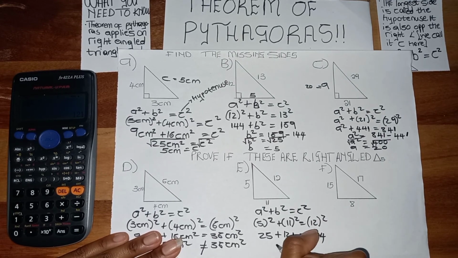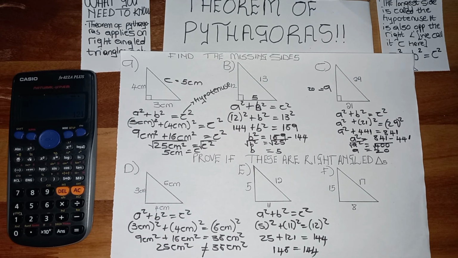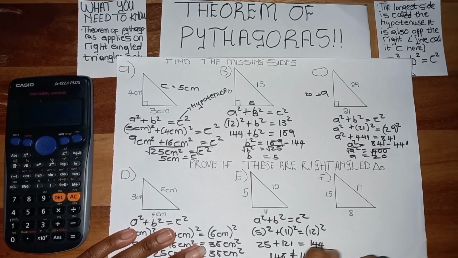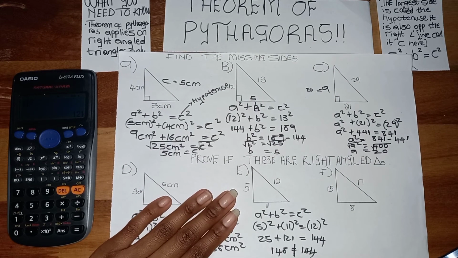So we're going to add 25 plus 121 is 146, equals 144. So you can see that, no man, this is not a right angled triangle, because 146 is not equal to 144. So now let's move on to the last one.